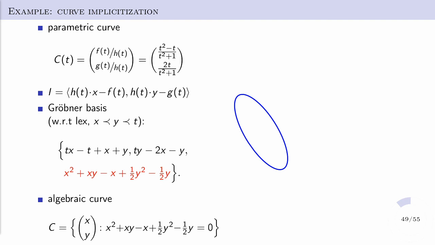On the other hand, the algebraic representation is very useful for analyzing shapes.